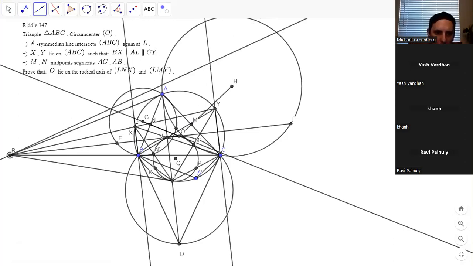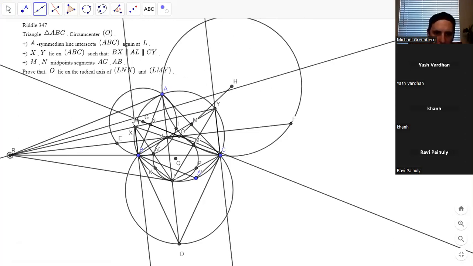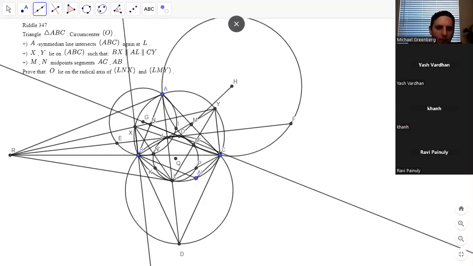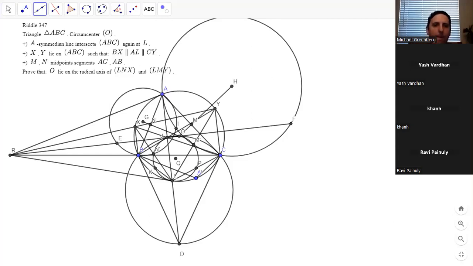I don't think this will work. Maybe I could invert about R or something. So RA equals RL, and we know that this is cyclic, RAOL.